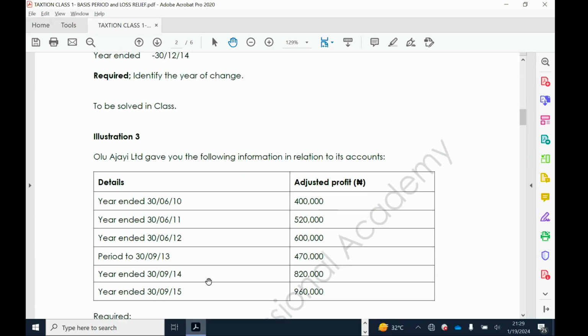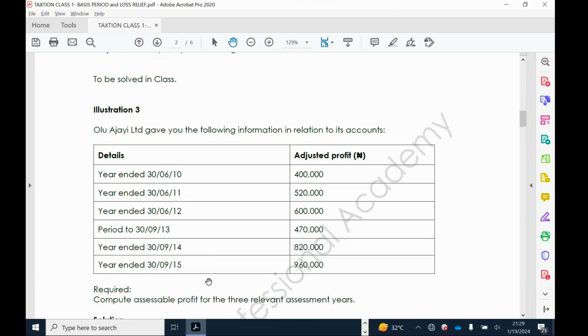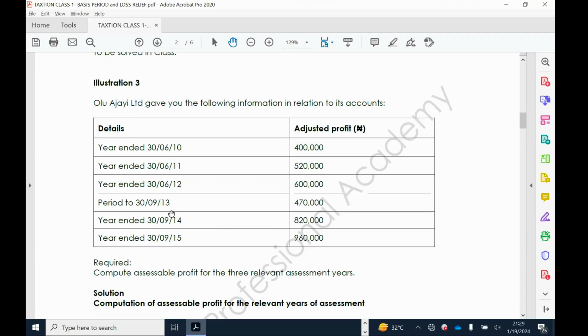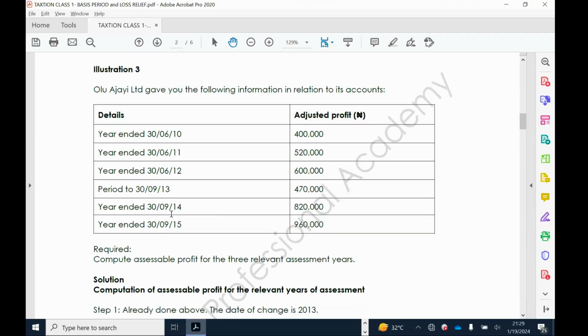The third illustration says the same guy, Oluwajayi. So this is a complete question now. It's actually a past question. We just changed the name of the entity. Oluwajayi Limited gave you the following information in relation to its account. Year ended 30 June 2010, 400,000 naira.